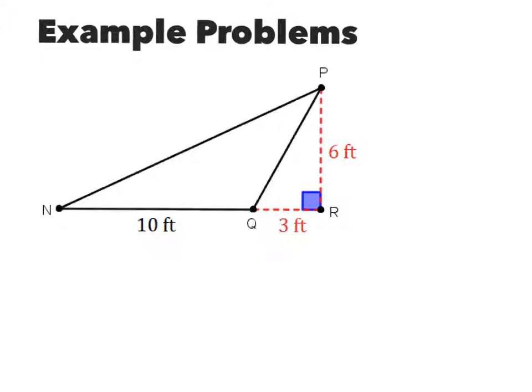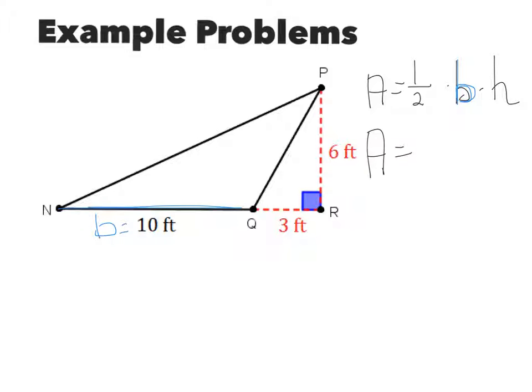Okay, this will be our last practice problem. First thing we are going to do once again is write our formula. So we have area equals 1/2 times the base times the height. Okay, what is my base in this problem? This right here is my base. So my base equals 10, and I'm going to plug this in for my base.